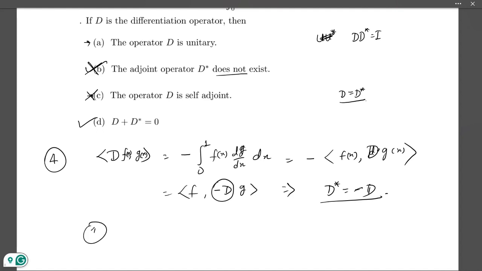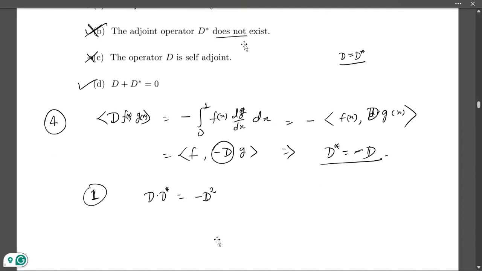Is this unitary? D into D star will become minus of D square. And this is not necessarily identity. Why?